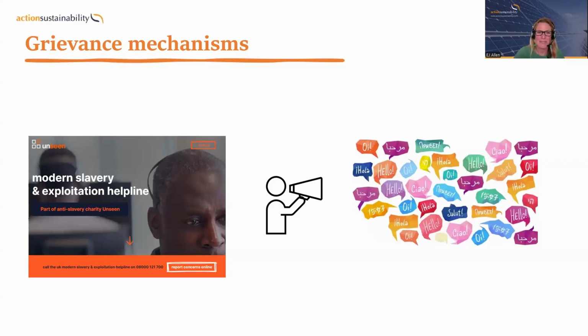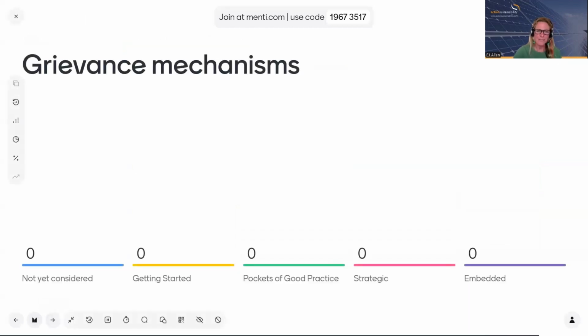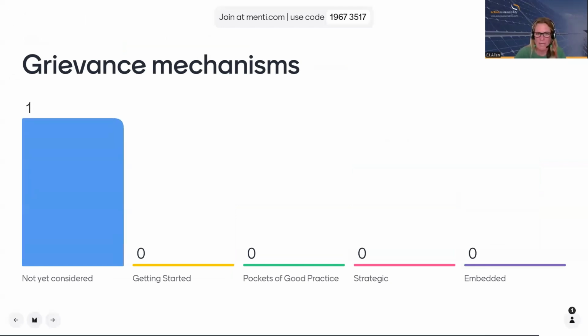Okay, so let's have a look at what this looks like on the assessment. So I'd say at getting started, you don't have any grievance mechanisms, or you do, but it's more generic whistleblowing. So there's no mention of reporting concerns around labour exploitation or slavery.